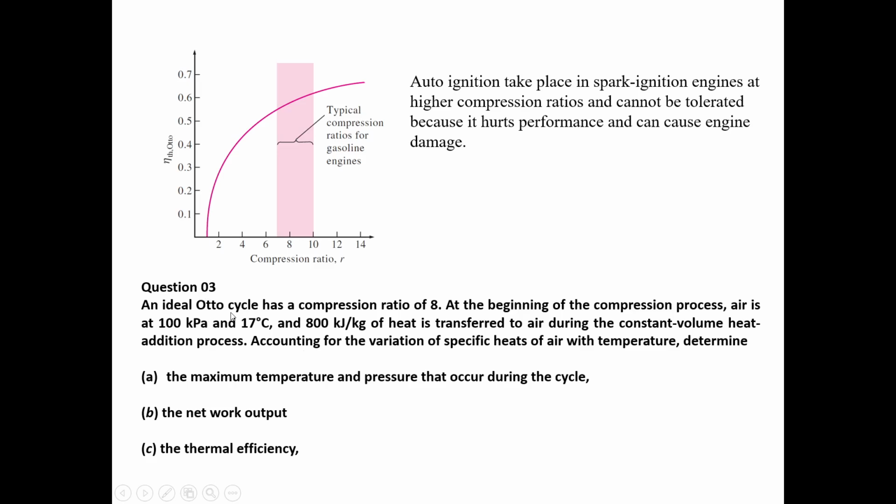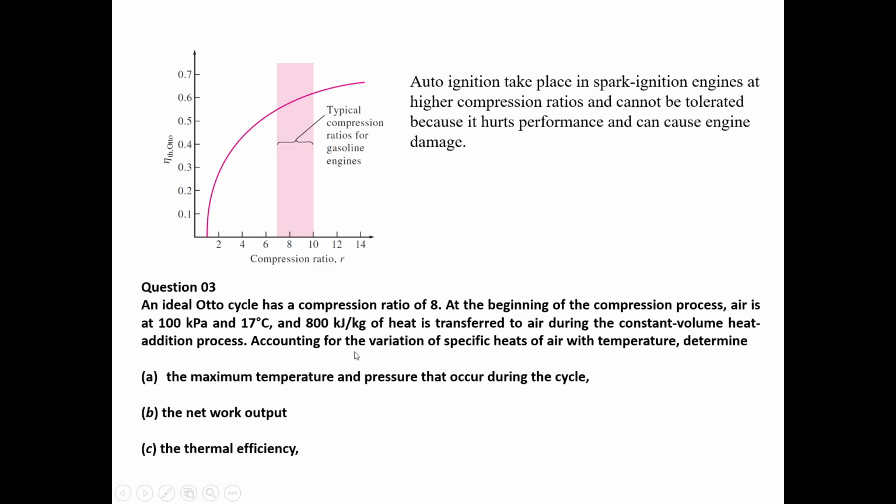An ideal Otto cycle has a compression ratio of 8, that means r equal to 8. At the beginning of the compression process, air is at 100 kilopascal and 17 Celsius, and 800 kilojoule per kilogram of heat is transferred to air during the constant volume heat addition process.